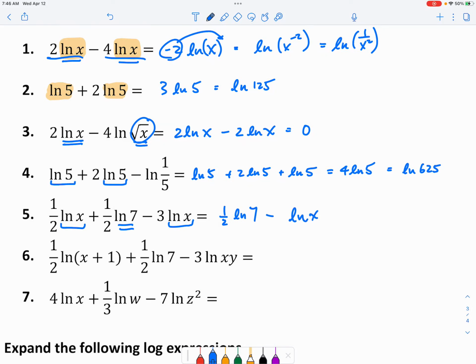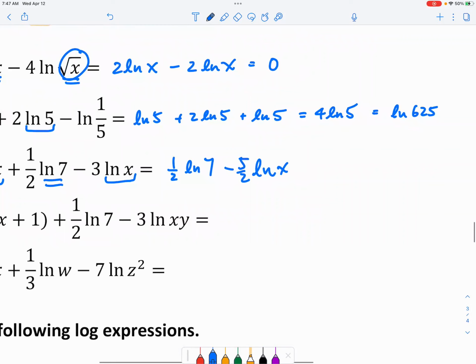You have positive 1/2 natural log of x minus 3 natural log of x. What's 1/2 minus 3 in fraction? -5/2. Okay, so that's what you have.